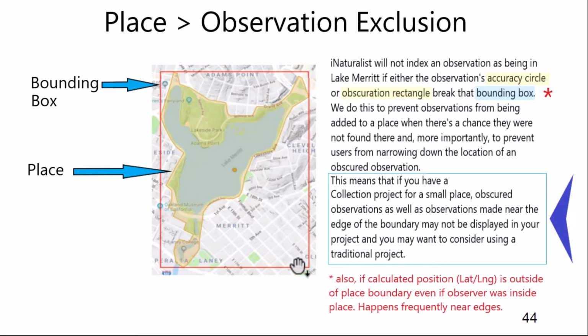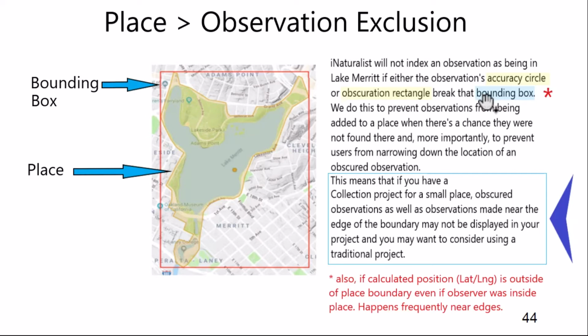But basically what they're telling us is that if the accuracy circle, that little circle of your observation, bleeds out past this bounding box boundary, that observation won't show up. And it also says that if the obscuration rectangle breaks that bounding box, it won't show up.